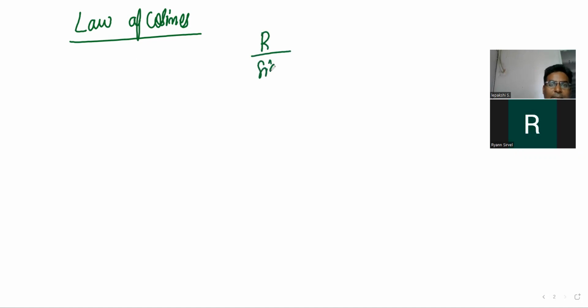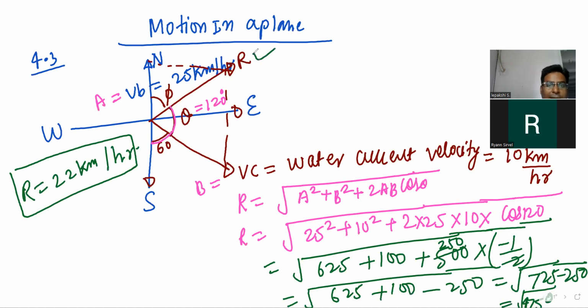Now see the next point, to obtain the angle phi. So we will apply the law of sines. That we have proved yesterday, that is given by R by sine theta equal to VC upon sine phi. So you can see on the diagram, this is your R, this is your angle theta, this is VC and the angle is phi, right?